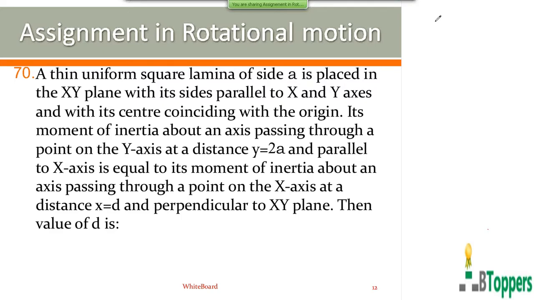So here the square plate lies in the XY plane, with Ox along the x-axis and Oy along the y-axis.